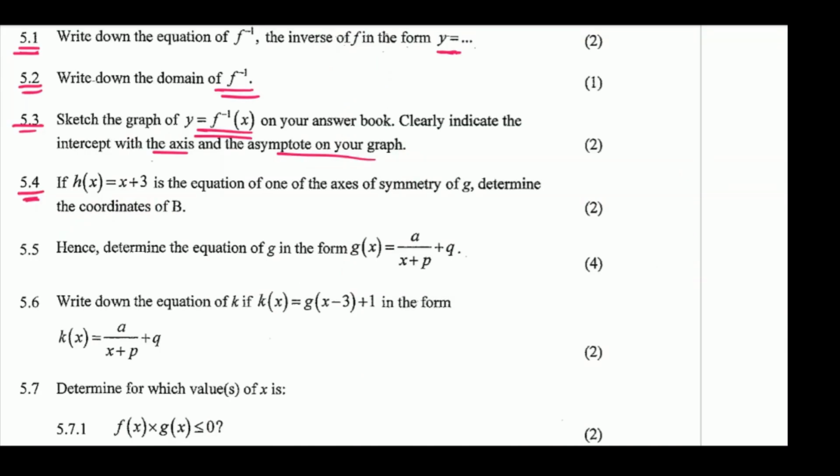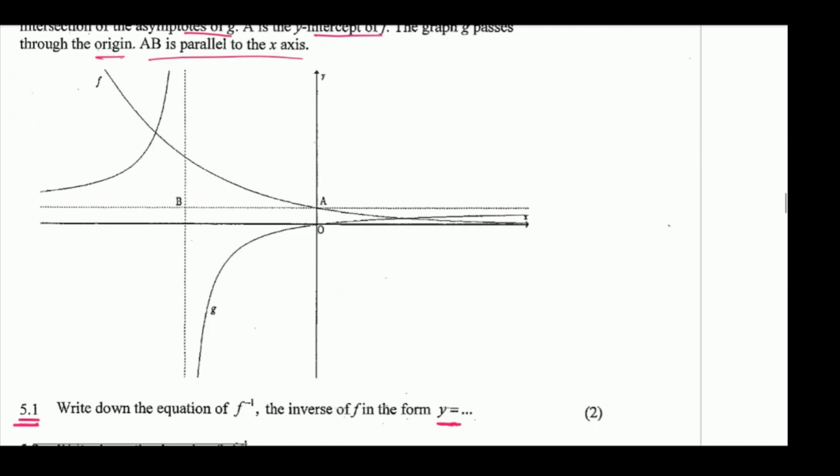5.4, we are told that if h of x is the equation of one of the axes of symmetry of g, determine the coordinates of B. B is actually the intersection of our asymptotes, both vertical and horizontal. For us to find the point, we need to first find the value of A here. This point A lies on our graph of f of x.